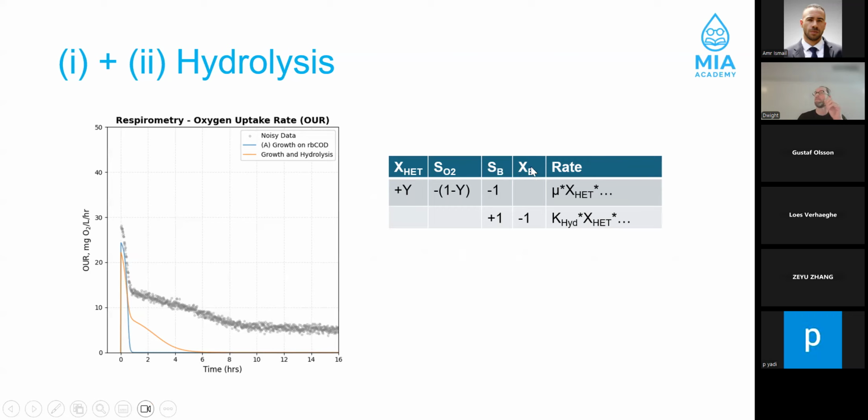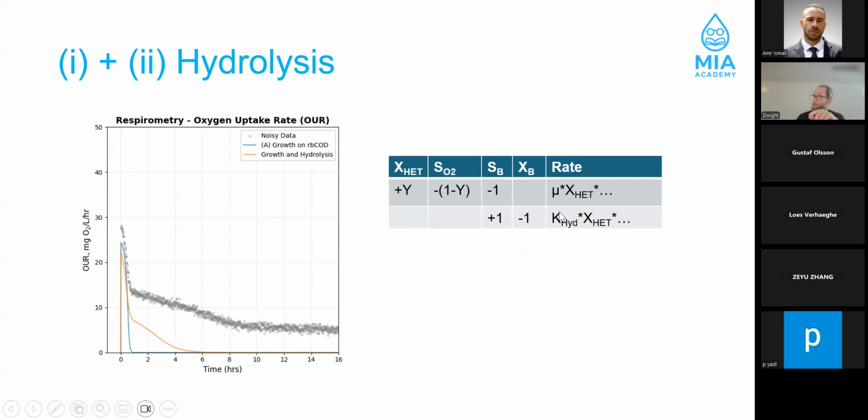So what's interesting about XB is that before being utilized for growth, it first has to go through a hydrolysis process. And this is a fairly slow process in which XB is converted into SB through a process of hydrolysis. And so that becomes a rate limiting step in the utilization of XB eventually for growth.